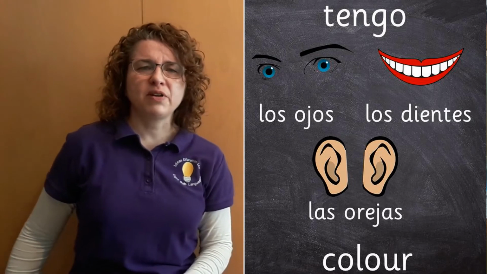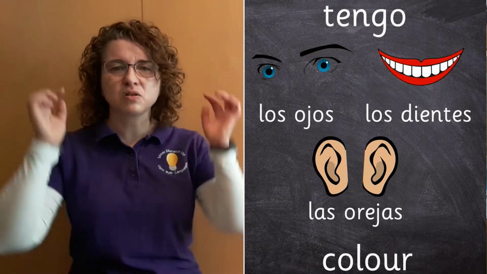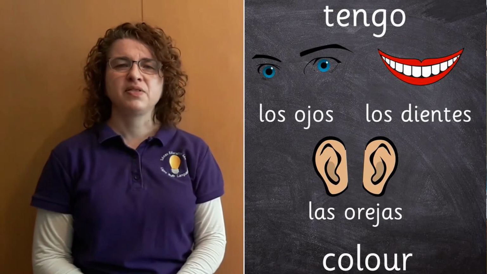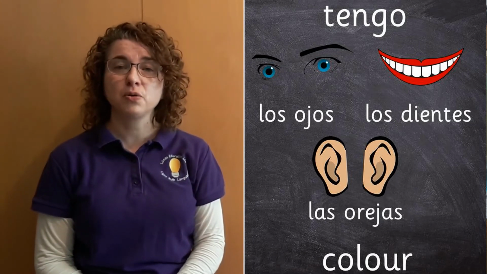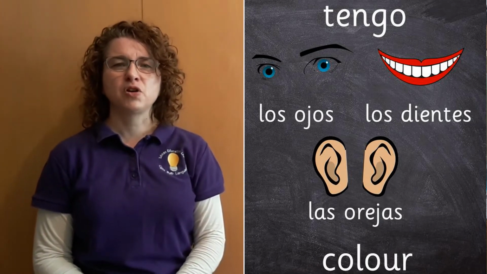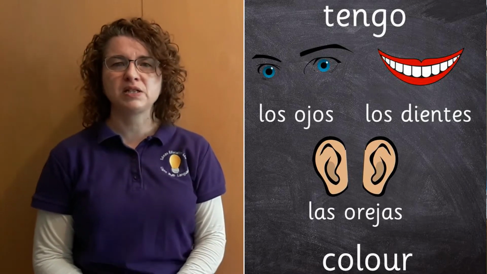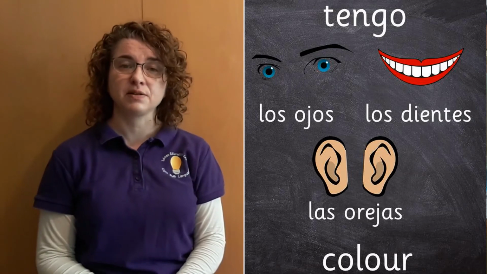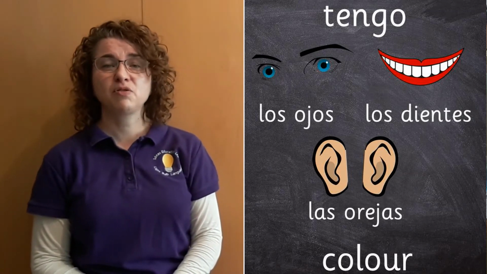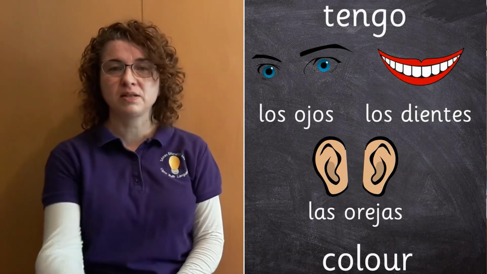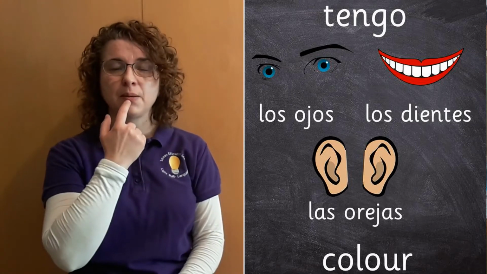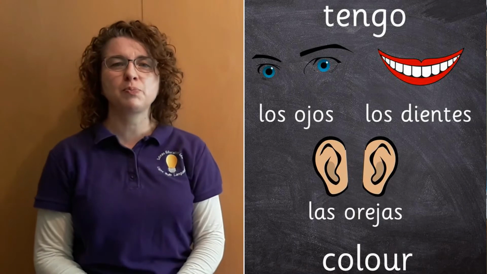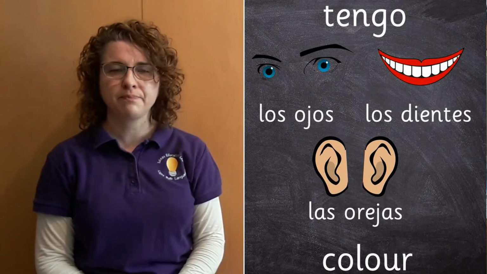Now, we've already heard, haven't we, that las orejas are feminine. They're feminine and also plural. So, when we look at our colours, we need to make them feminine first and plural second. We have to remember what we did with the feminine ones like la nariz, la boca, and we've got to remember what to do with plural ones as well.